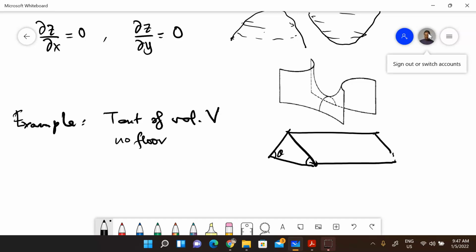So theta here. This is an isosceles triangle here, and then this is 2W over here, and this is L. So what the problem wants to do is to minimize, the way it's phrased inside the book, the material to build up the tent.